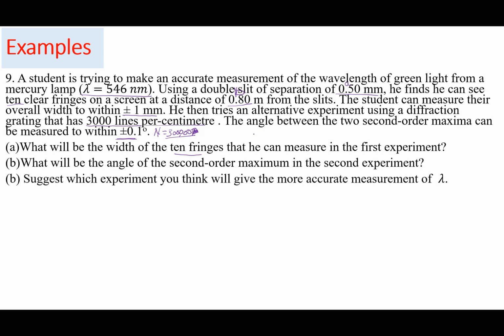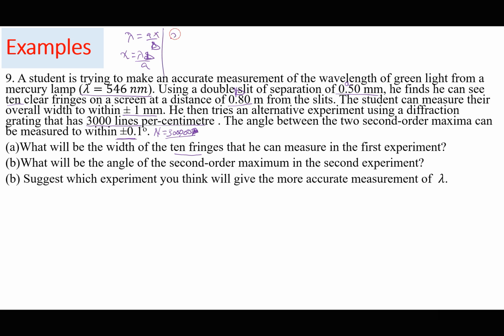Okay, so let's first find x. For the double slit, we know that the wavelength equals ax divided by D. So x, the fringe width between only two, is going to be wavelength times D, this is capital D, not small d, divided by a.